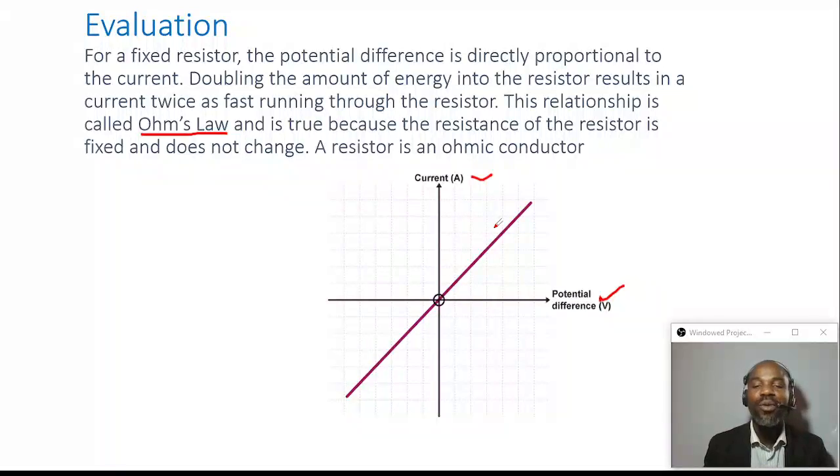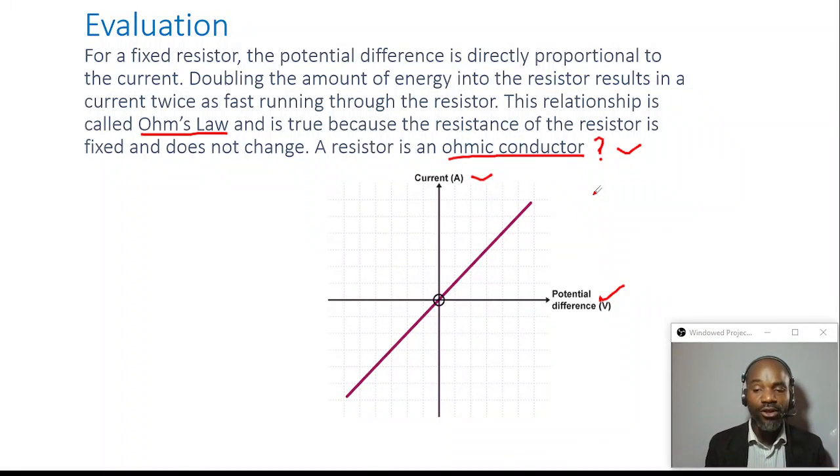What is an ohmic conductor? Let's see if we can answer this question. To address that quickly so that we don't leave it unanswered, an ohmic conductor is a conductor that obeys Ohm's law.